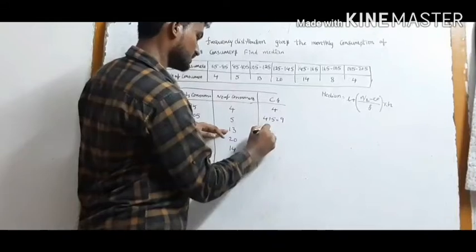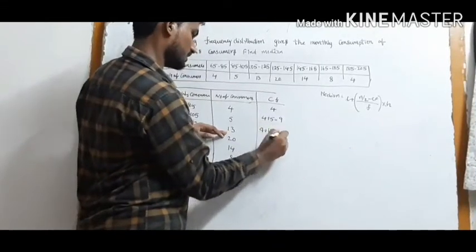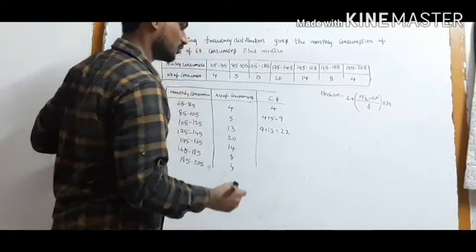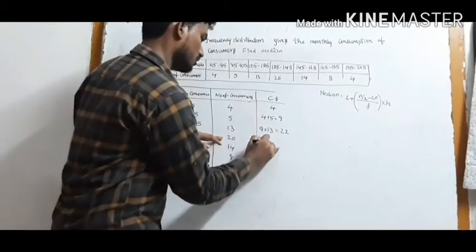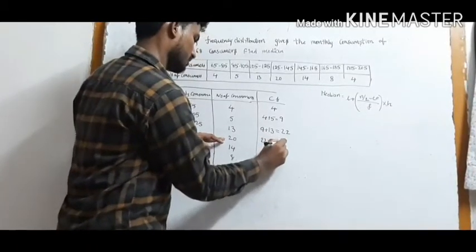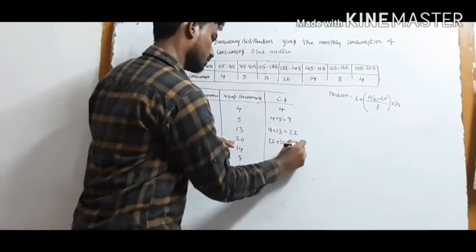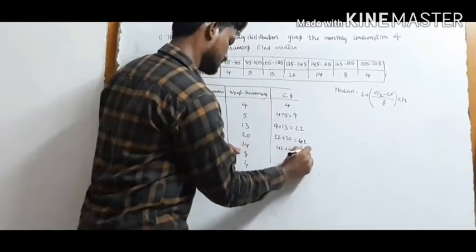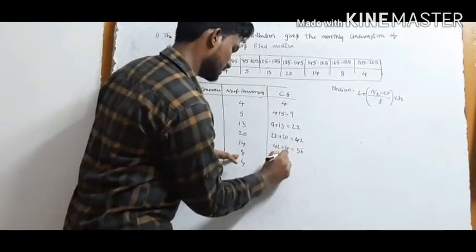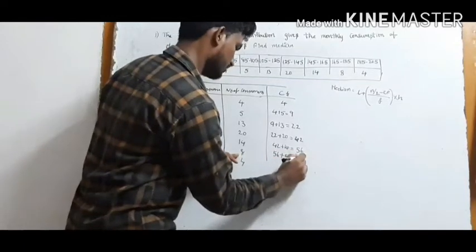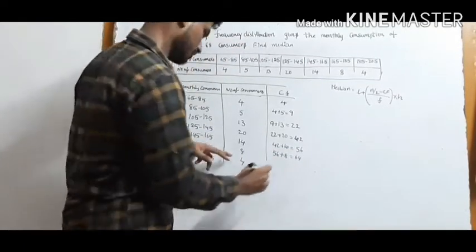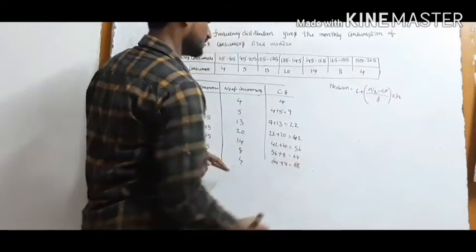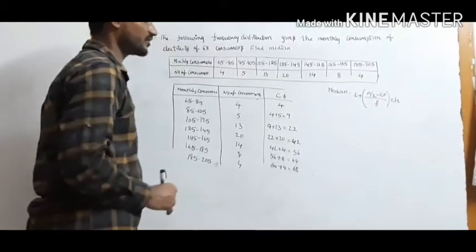Next, 9 plus 13 is 22. 22 plus 20 equals 42. 42 plus 14 equals 56. 56 plus 8 is 64. 64 plus 4 equals 68. This is the cumulative frequency.